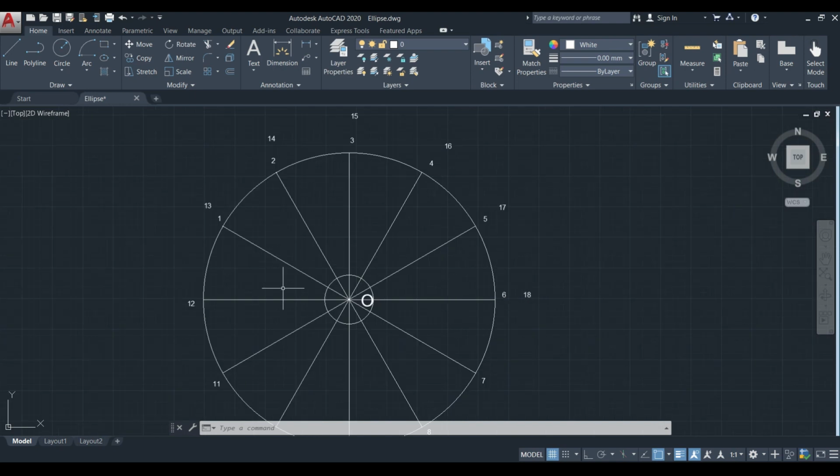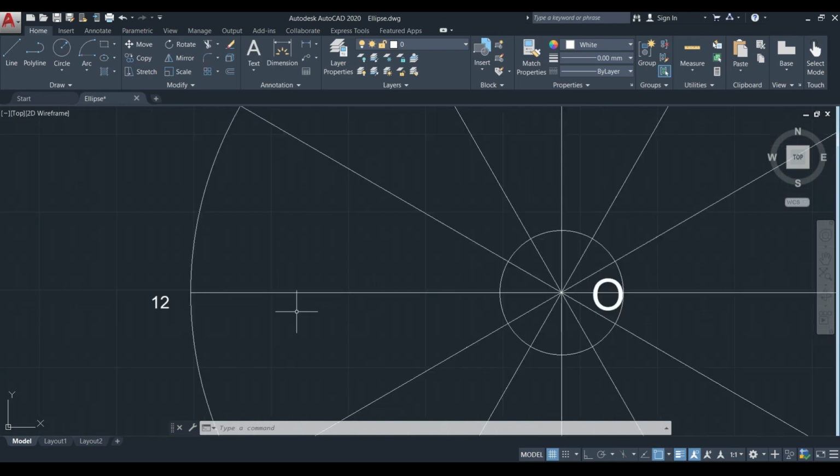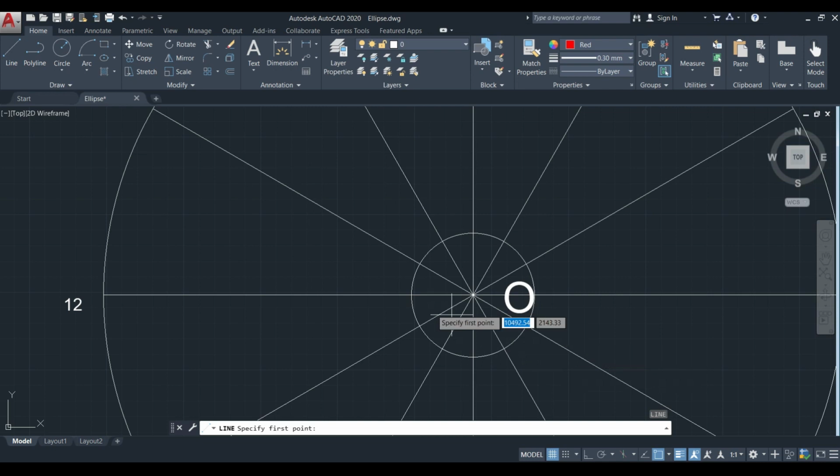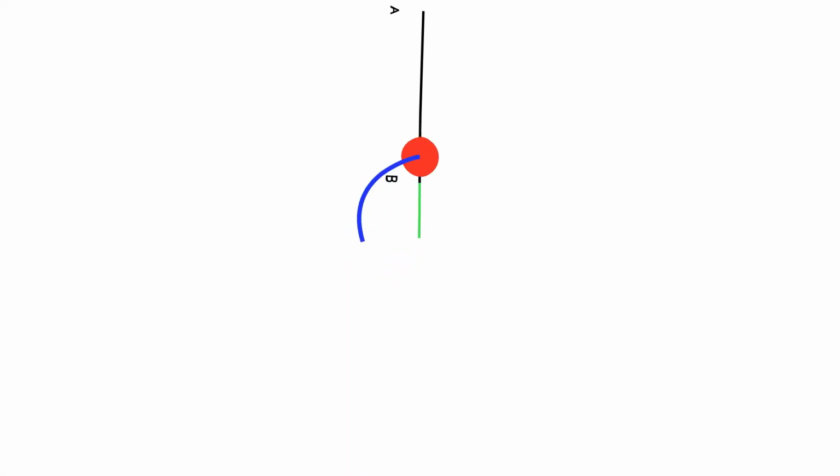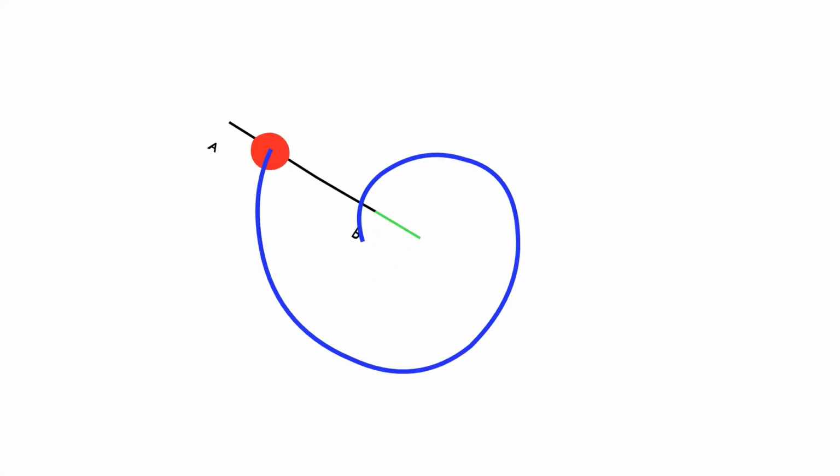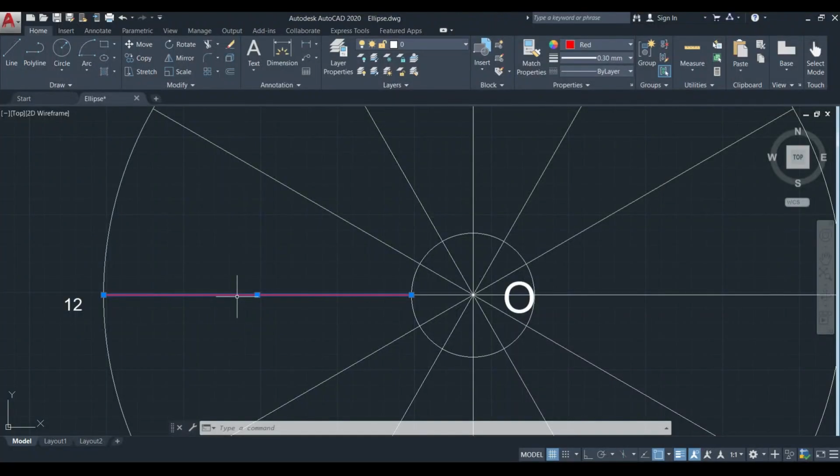So now we have to divide the straight line. Straight line means the line between two circles here. This is the required straight line corresponding to the straight line AB here. So we have to divide the straight line into 18 equal parts.